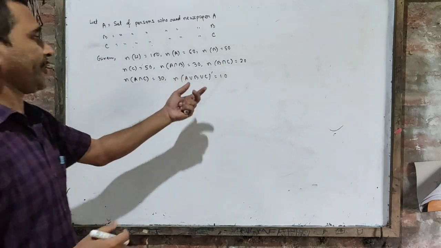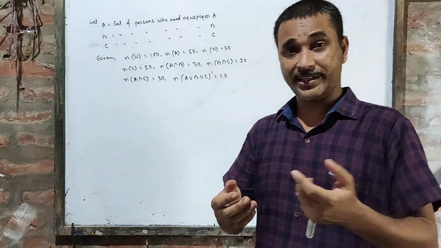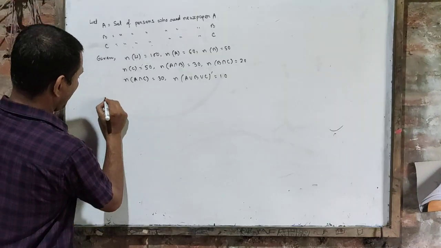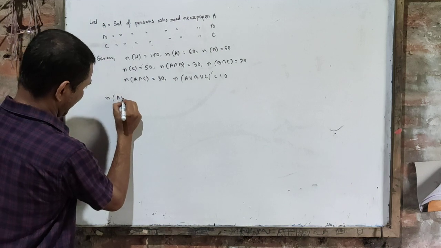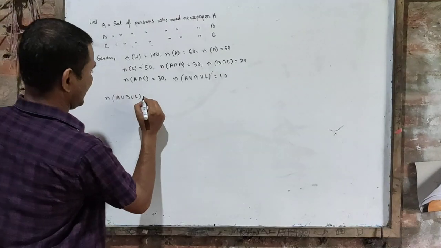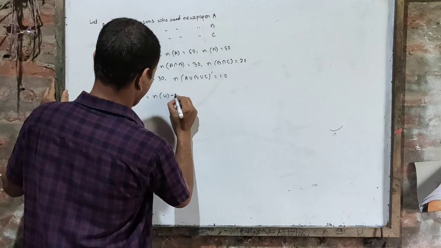So the complement of A union B union C is 10 and the total is 100. So what is A union B union C? From the universal set you subtract that set.